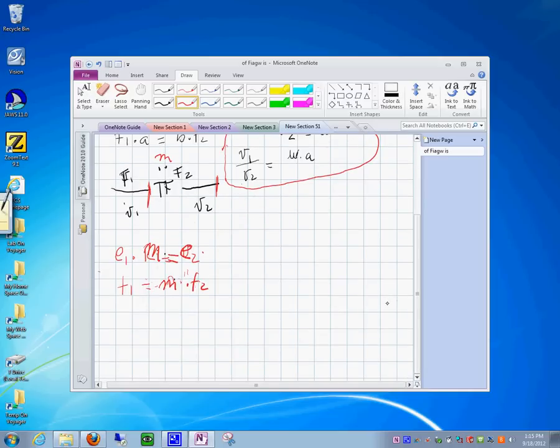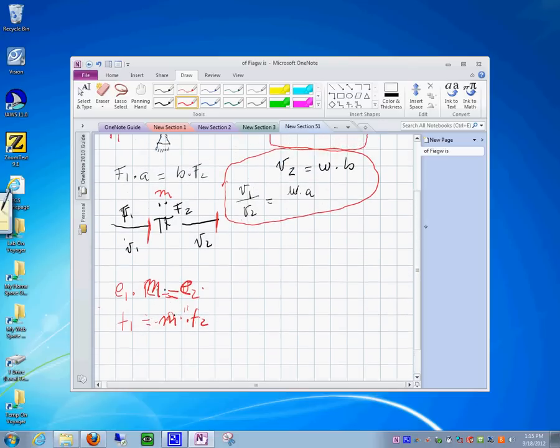I have a question. Yeah. For that v1 over v2, is that equal to omega A, or is that omega A over omega B? Where here? Okay, let's take a look. It should be A over B, with B on the bottom.